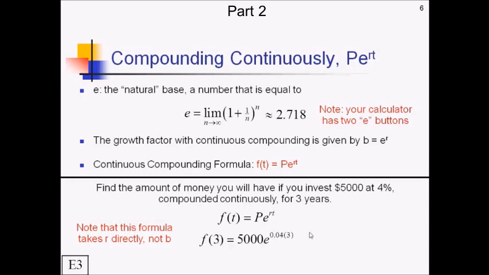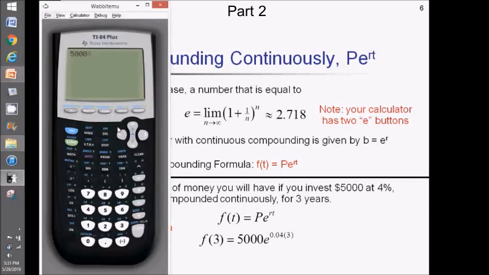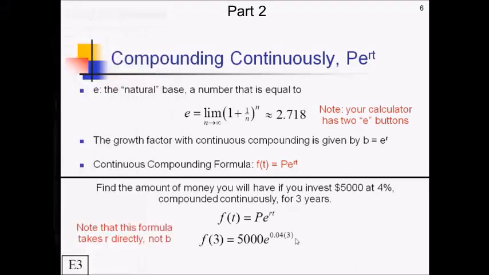And let's see what that looks like on our calculator. So I've got 5,000, and again I'm going to do second ln to get my e to an exponent, and I'm going to put 0.04 times 3 in the exponent. Now it's important to note that your exponent has two things being multiplied together inside of it. That's what makes this work. And that is going to equal 5,637.48.